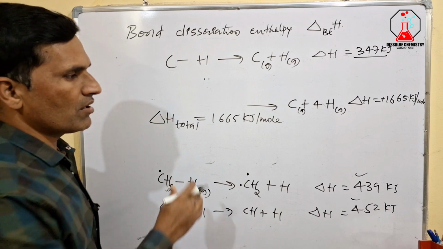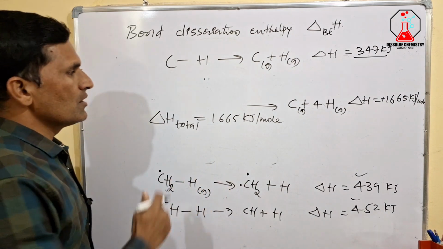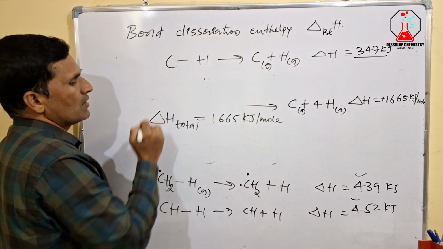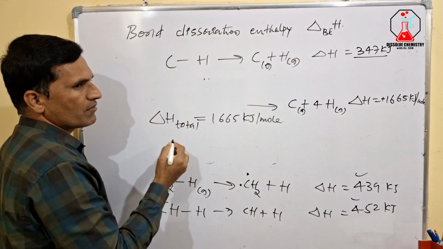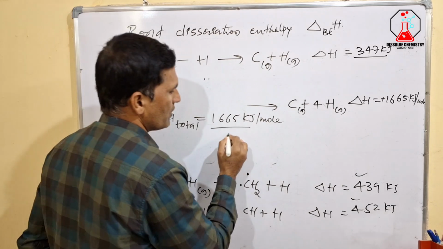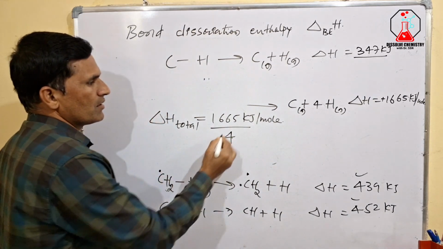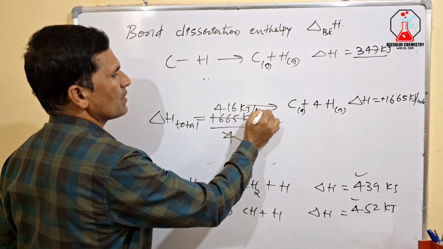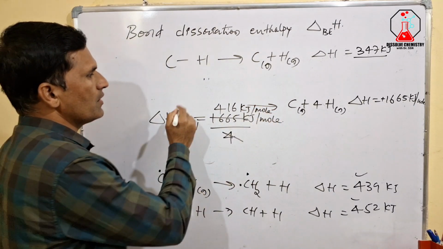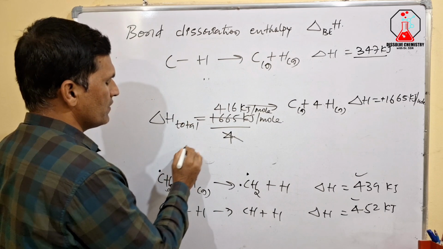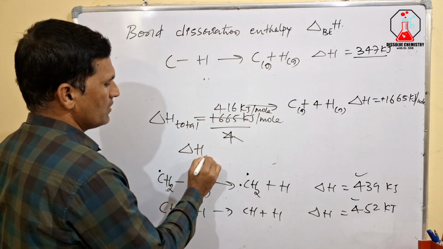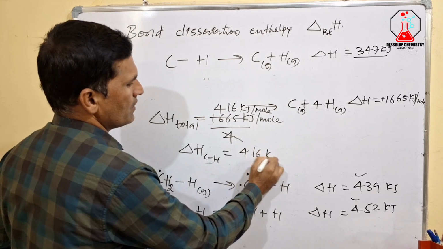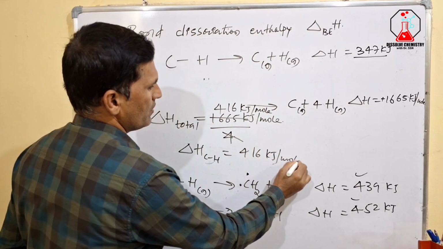We call it the average energy, not an individual energy. So how many CH bonds will be there in a methane molecule? There will be 4 bonds. So you have to divide this by 4. Then we get 416 kilojoules per mole of the bond. The bond dissociation enthalpy of a CH bond corresponds to 416 kilojoules per mole.